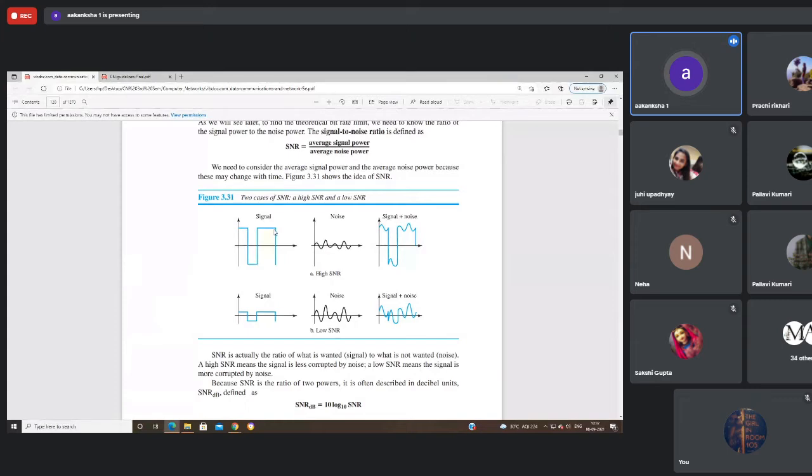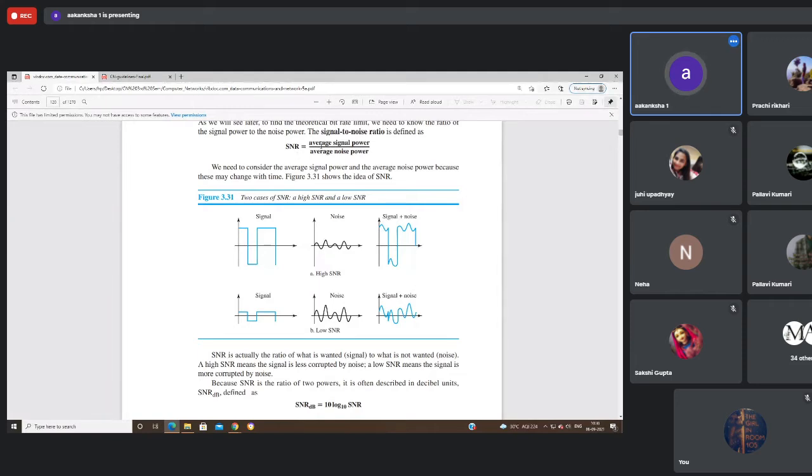So this was a signal and this was high SNR, meaning there was less noise power. So high SNR means signal plus noise, and you'll have a less distorted signal. At least you can say this is a digital signal, and the highest amplitude is in between here and the lowest is near this point. So it is comparatively less distorted.